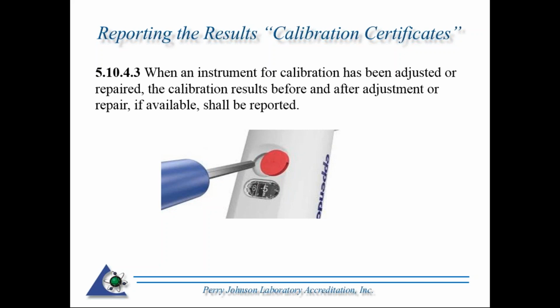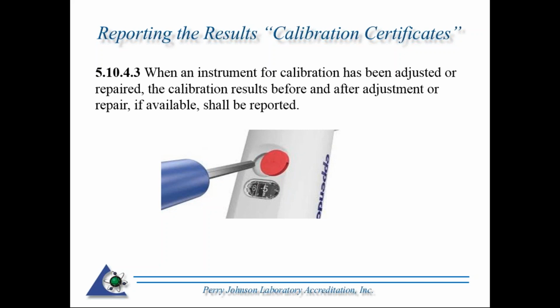When an instrument for calibration has been adjusted or repaired, the calibration results before and after adjustment or repair, if available, shall be reported. So hence, a calibration lab would be doing a calibration. You'll typically see things that say "as found." I like to call it "as used" because when the artifact equipment comes into the lab, that's actually how their customer was using it.